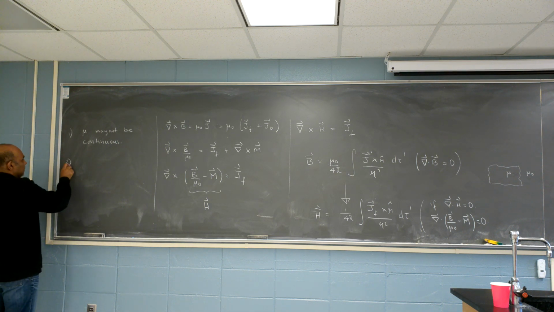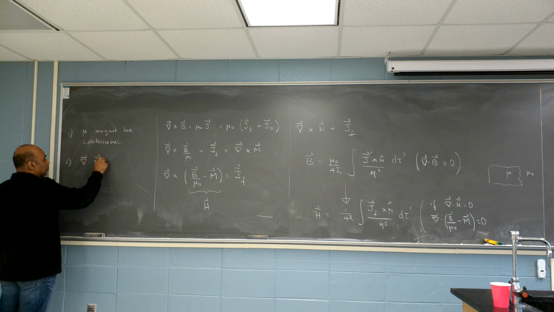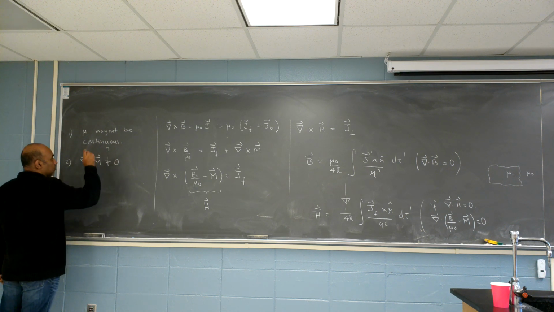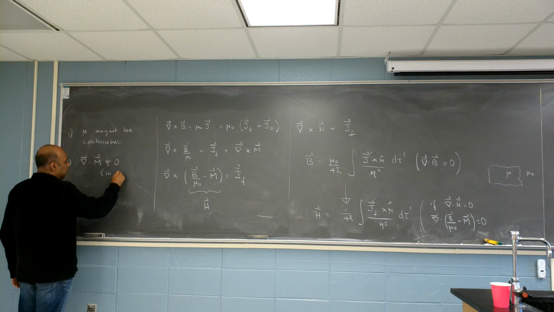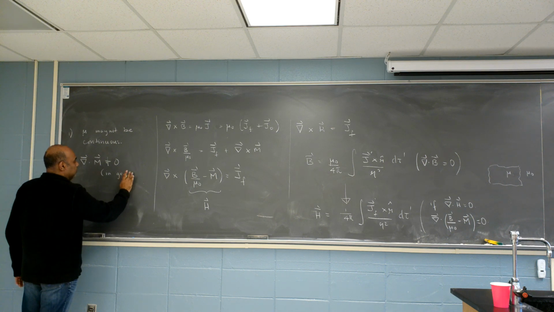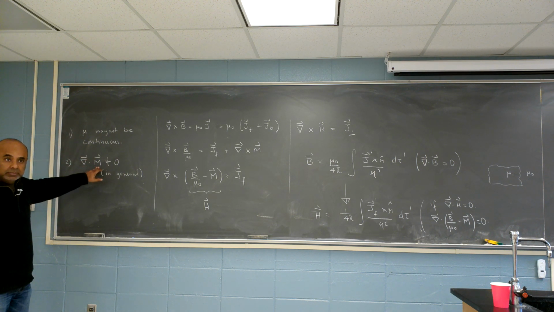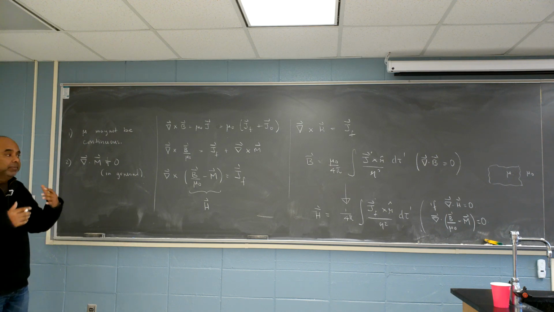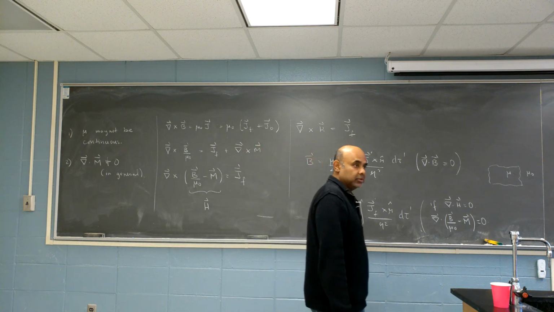The second problem is the divergence of M, in general. Oh, I should say in general. But for some reason, suppose it's uniform magnetization inside a material and mu is constant, then some expression like this may be possible.